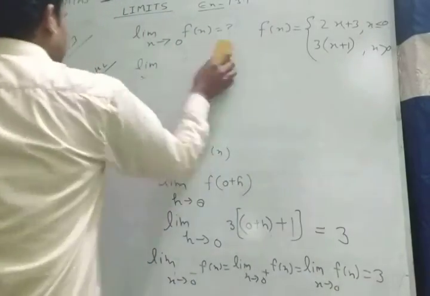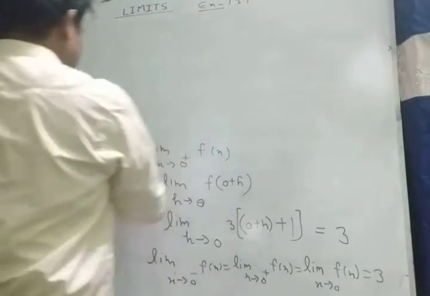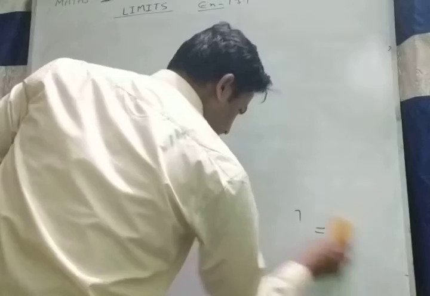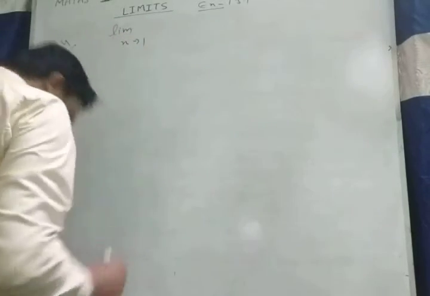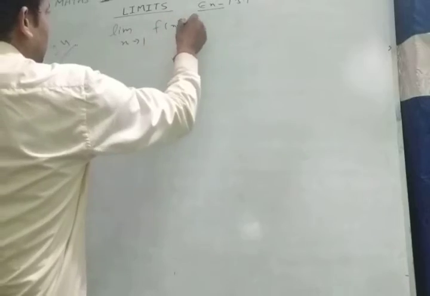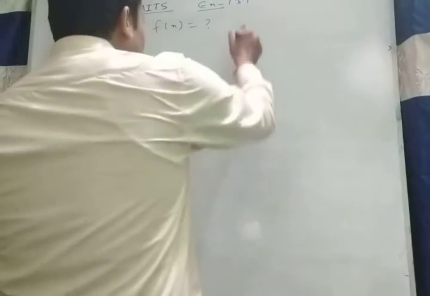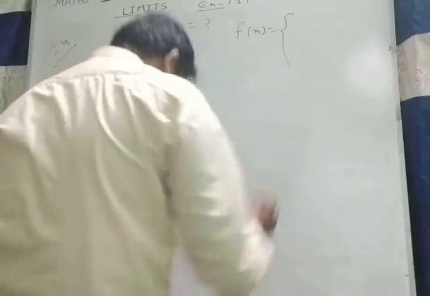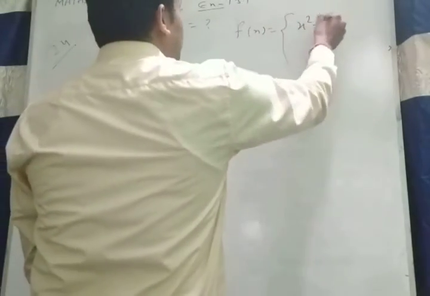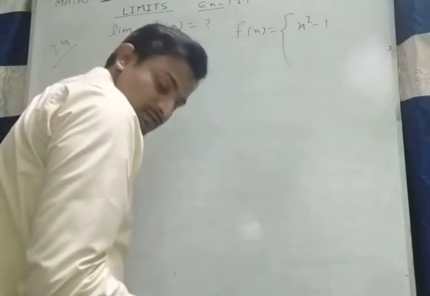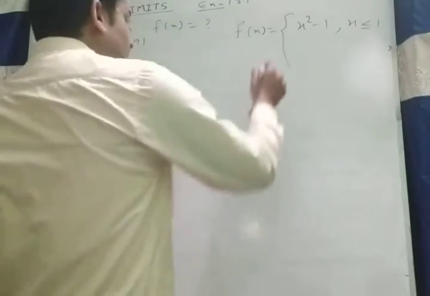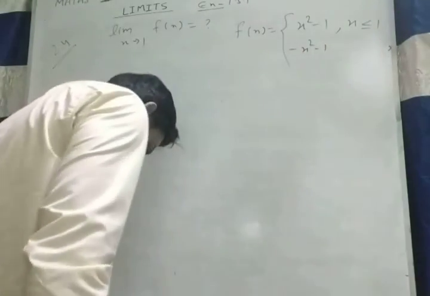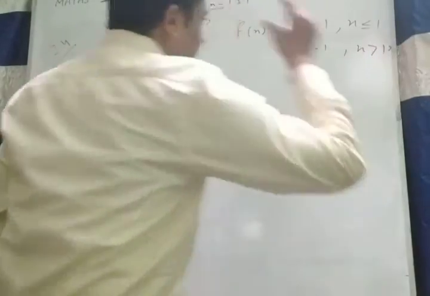Now next. Limit x tend to 1 f(x). We have to find this, and given f(x) is x square minus 1 when x is less than equal to 1, and minus x square minus 1 when x is greater than 1.